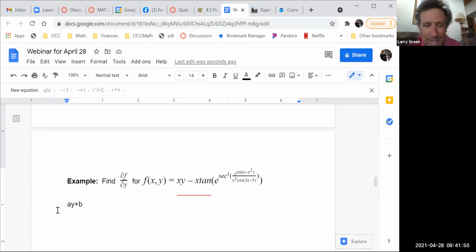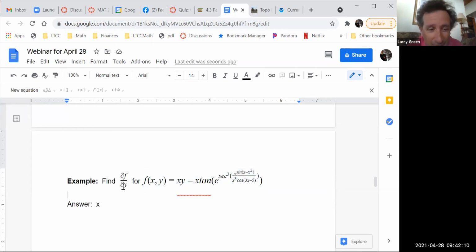It'd just be a, right? Well, in this case, the a is x. So the answer is x. Okay, so it may look evil, and I wanted to make it look evil, but this turns out to be a really easy problem to do.